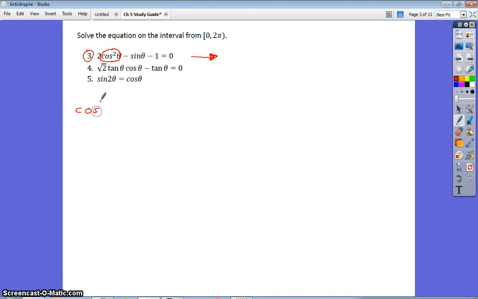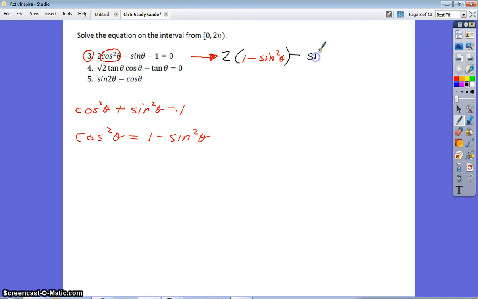And remember that cosine squared is in the Pythagorean identity, and we could manipulate that identity so that cosine squared equals 1 minus sine squared, which means now we have 2 times (1 minus sine squared) minus sine minus 1 is equal to 0.